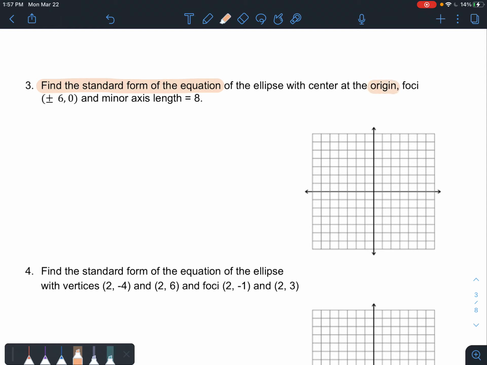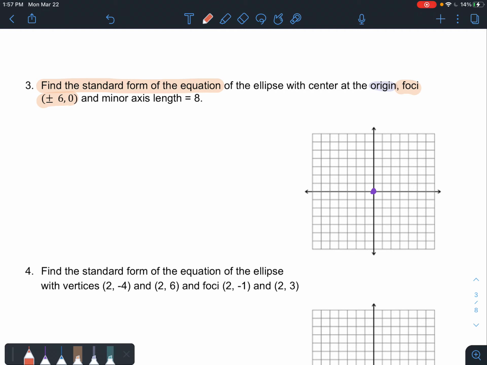So my origin is at 0, 0. Both centers at the origin. My foci, I was using purple before, so I'm going to go back to that just so we can kind of stay on the same page here with color coordinating. My foci, so that was in red before, is at plus or minus 6, 0.